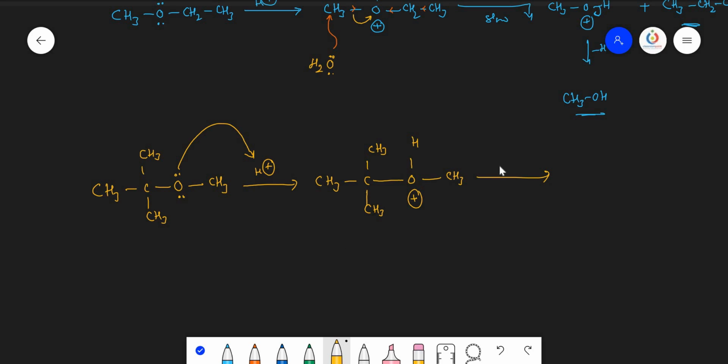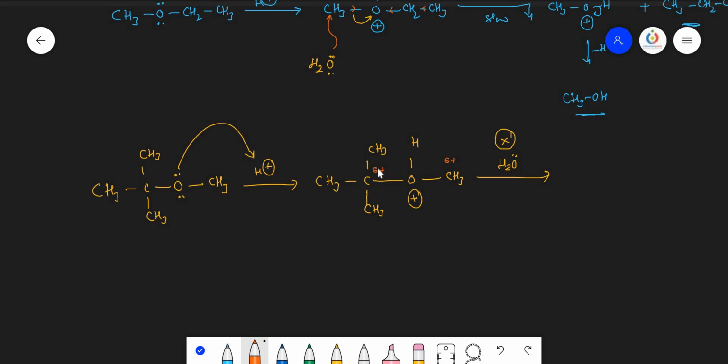Now if you add H2O, H2O will not attack in this particular step. The reason is that the positive charge shall be created over this carbon atom, and the positive charge shall be created over this carbon atom also. So H2O can easily attack over this one, giving the tertiary alcohol.